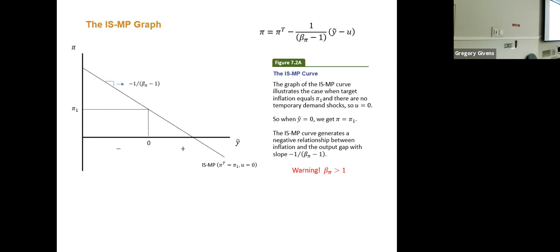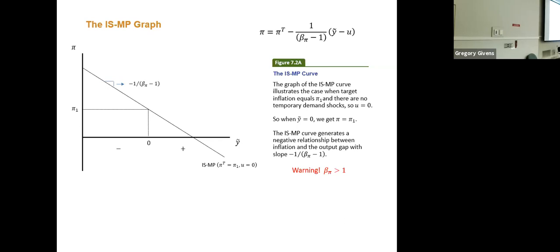This is a major point in the new Keynesian model. We are going to assume that beta pi is bigger than 1. The 1.5 term that's consistent with the Taylor rule that I showed you guys earlier satisfies this. What happens, Michael, if beta pi ends up being less than 1? Exactly. Then you get a negative 1 over a negative number and the ISMP curve slopes up, okay?